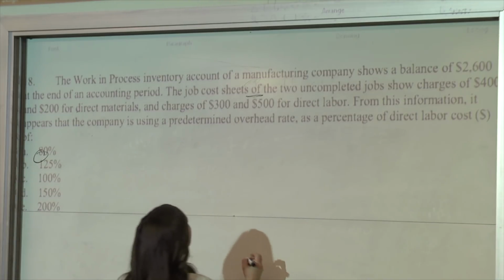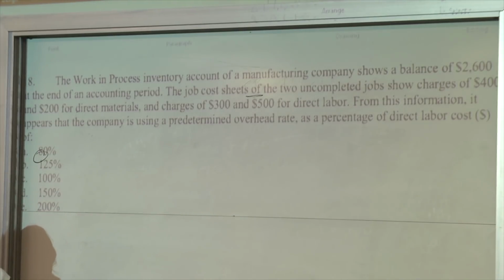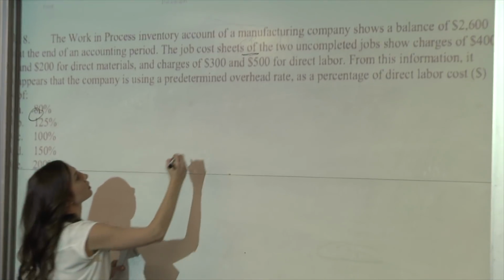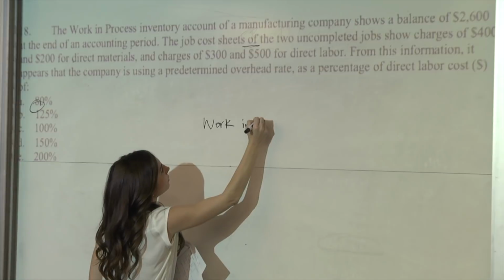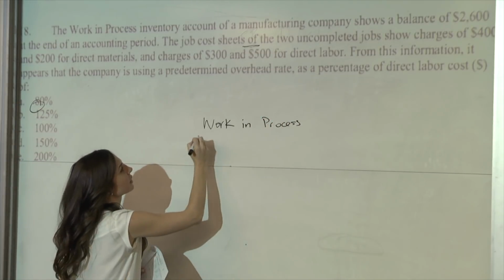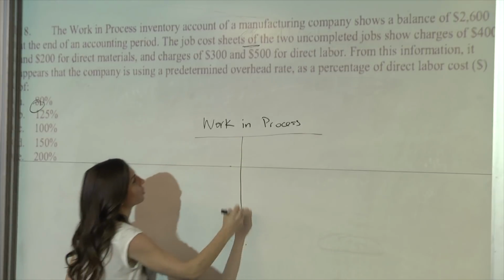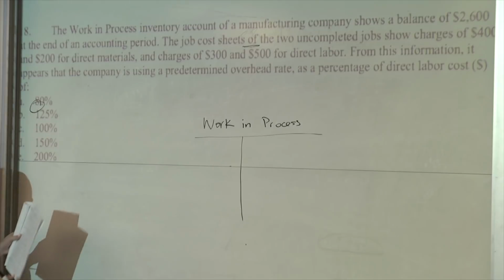So we have 2 jobs, that's all there is in this company, and they're both uncompleted. So I'm going to choose to look at this in the T account format. If you don't like T accounts, you can just use the equation method to find what you're looking for.